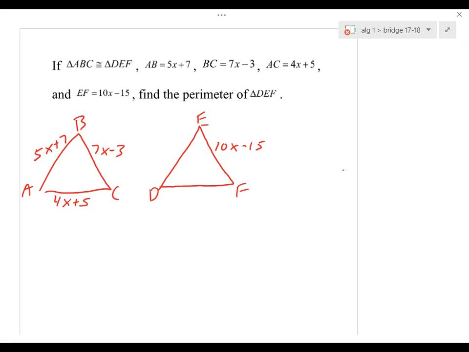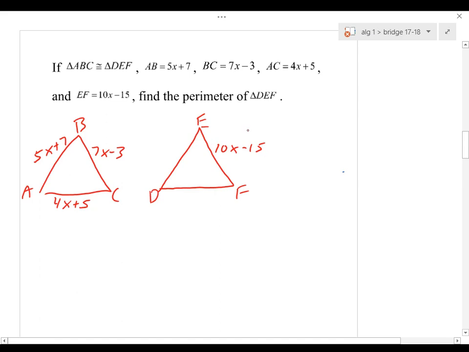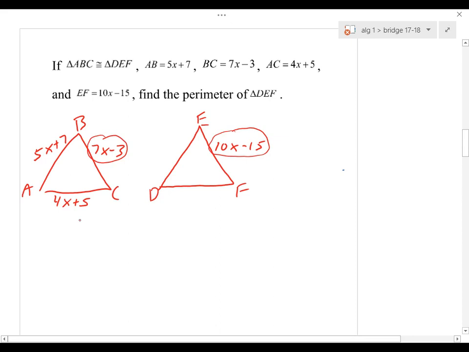Now we can see that the only thing that corresponds with EF is 7x minus 3. So I can set up an equation and solve for x. I like to keep the larger variable at first, get rid of the smaller one.